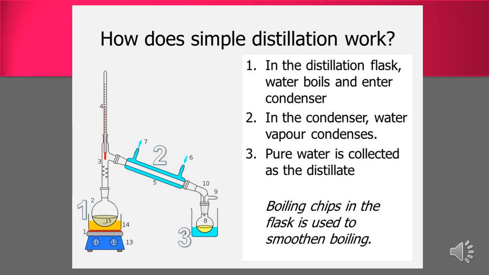What the condenser does is it cools down the water vapor so that it will turn into liquid again. Then after that, the pure water is collected into another container, and this is already called distilled water. Or if it's not water that you are trying to obtain, it is called a distillate.